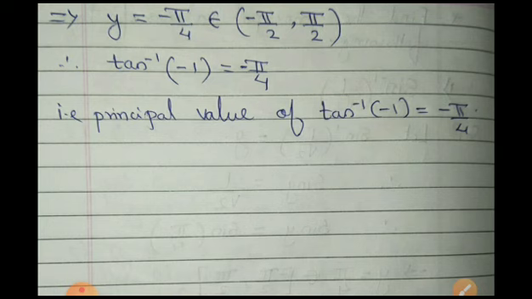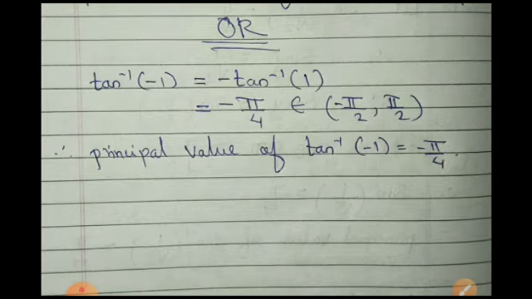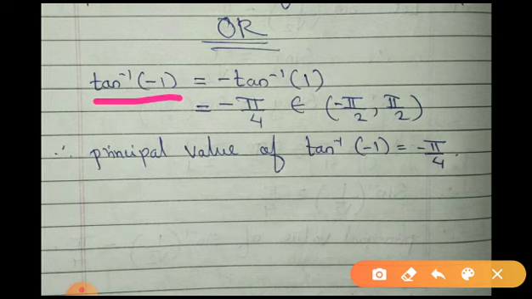The easiest way is tan inverse of minus 1, using the property that tan inverse of minus theta is minus of tan inverse of theta. So I wrote minus of tan inverse 1. But what is tan inverse 1? It is pi by 4.